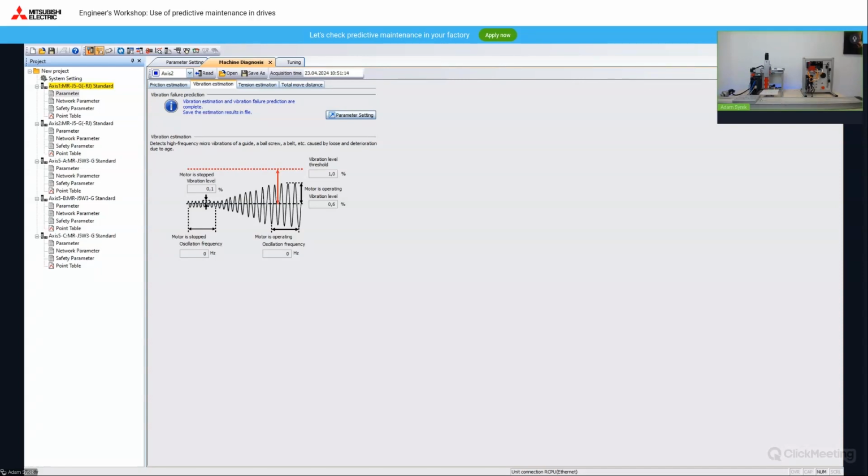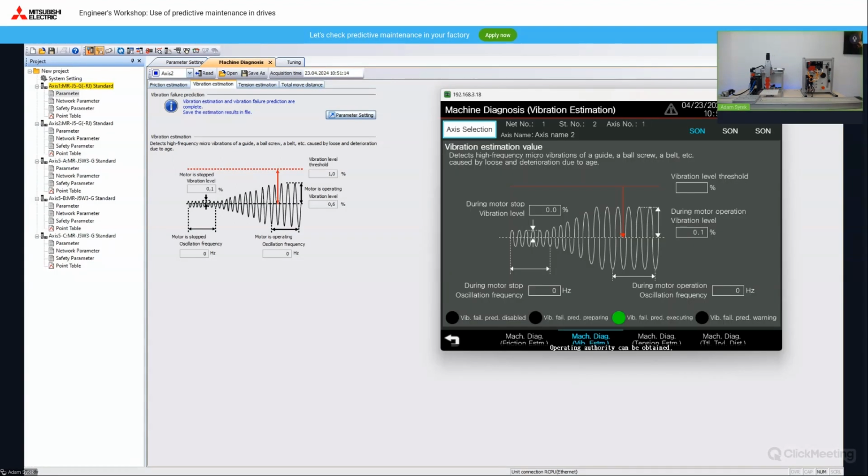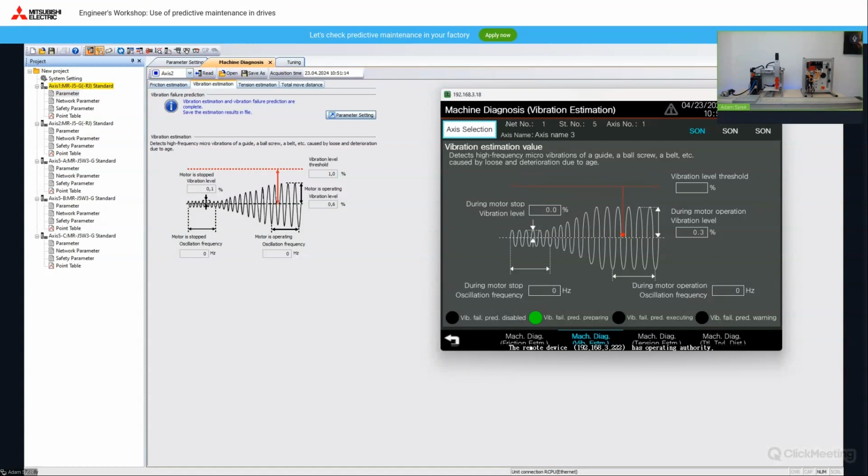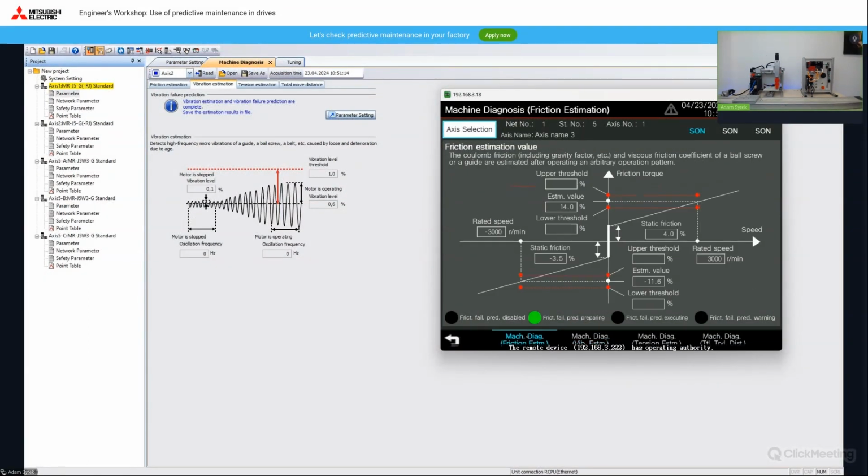Okay. So now you should see that axis X and Y are moving, and both in MR configurator or on the HMI, we can see the levels of the vibration here, but we can switch to the friction estimation.